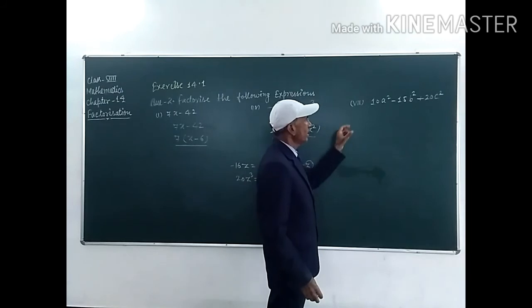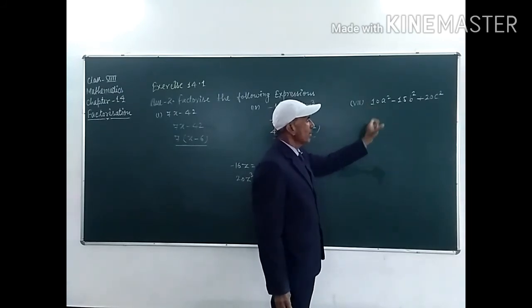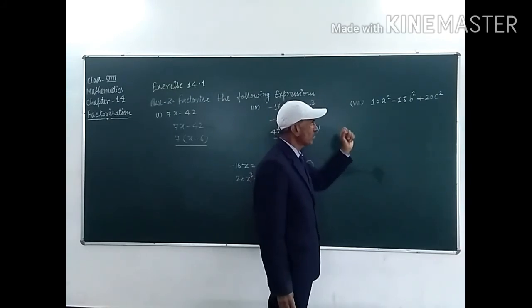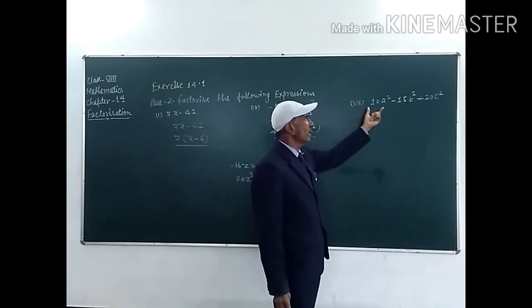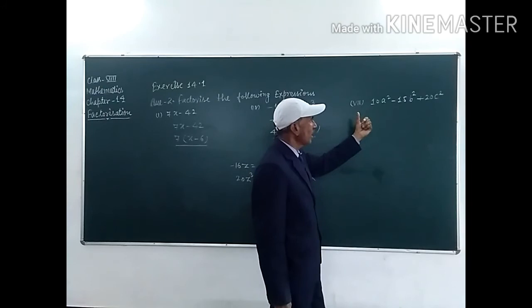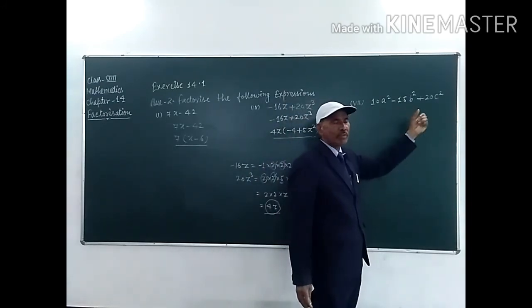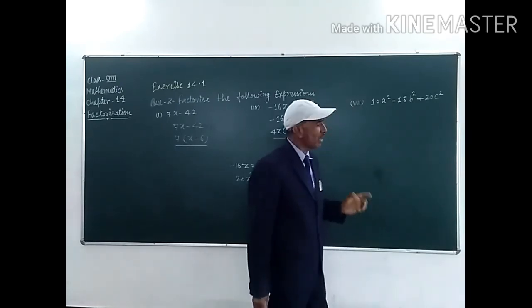In this question, 10a square minus 15b square plus 20c square, we have to factorize this one. So first of all, we have to find the factors of 10a square, after that minus 15b square, and after that we have to find the factors of 20c square.